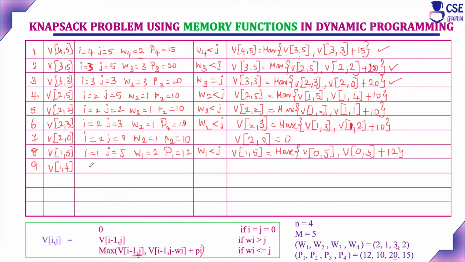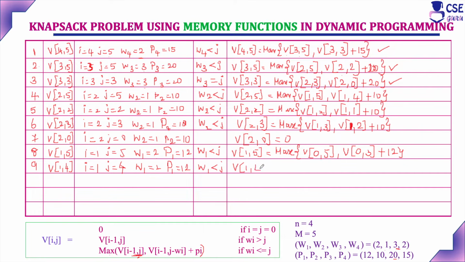Next, V of 1, comma 4. Here I value is 1 and J value is 4. The weight of the first object is 2 and profit of the first object is 12. And here 2 is less than 4, that is W1 less than J only. The same formula we need to apply.